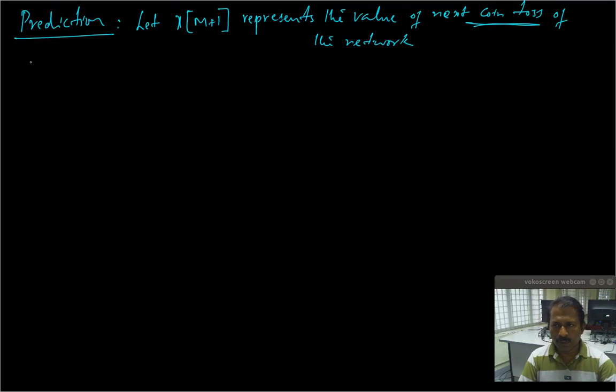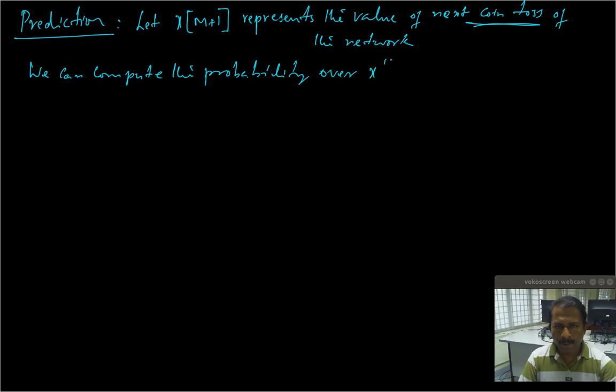So we can compute the probability over the next toss, m plus 1, given the observations of the first m tosses, right?